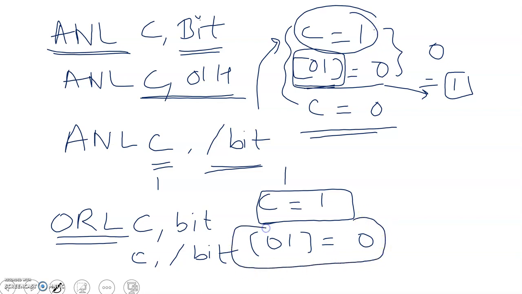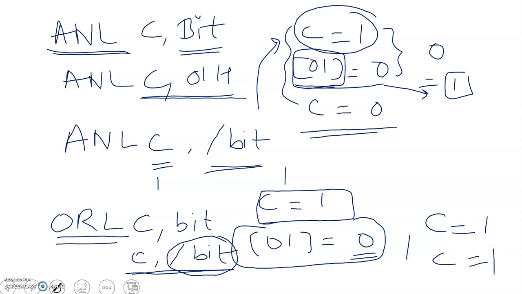And for the bit operation with complement, the bit is first complemented, so this 0 becomes 1, and ORing it with C again results in C equal to 1.